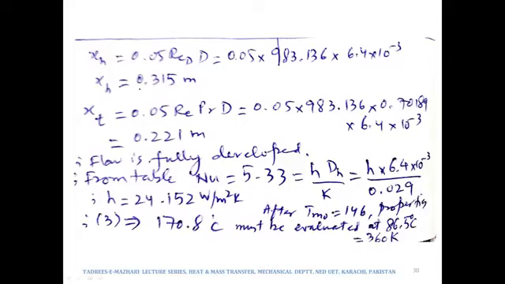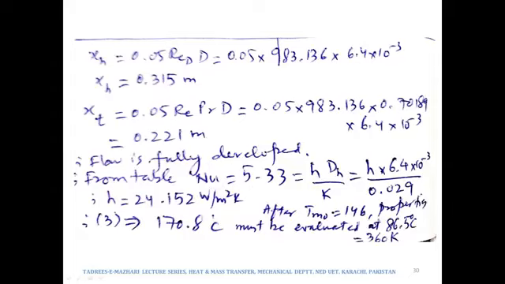So we get the hydrodynamic entry length as 0.315 meters and the thermal as 0.221 meters, whereas the length of the duct is 1 meter. So both are less than 1 meter. So it means that at the exit of the rectangular duct, the flow would be fully developed both hydrodynamically and thermally. So therefore, now we need to refer to that particular table.